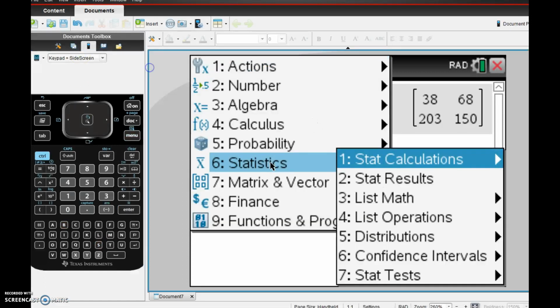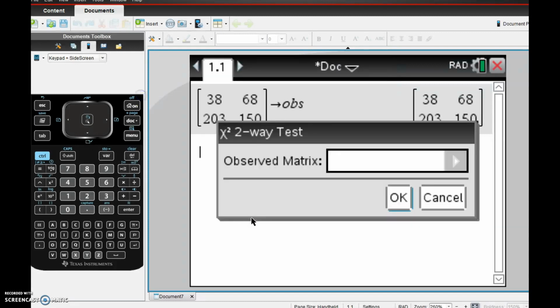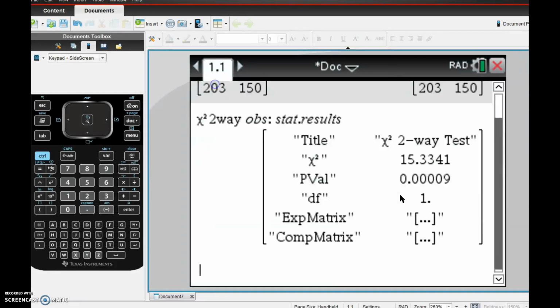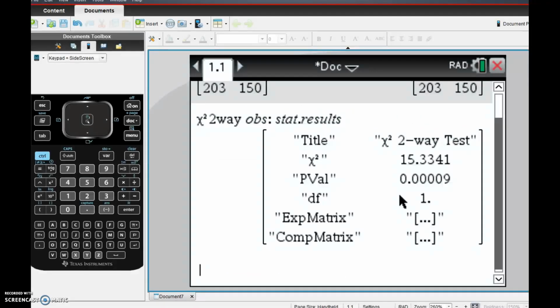Menu, statistics, stat tests, two-way table, input your observed. The test statistic is 15.33. Degrees of freedom, 1.